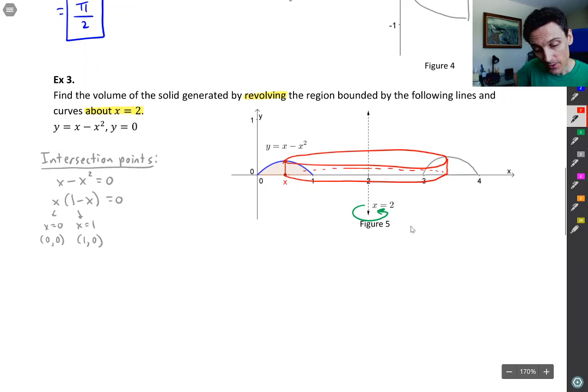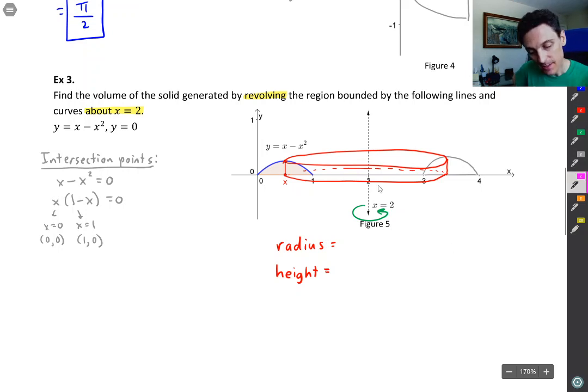Now we're going to have to figure out the radius of this shell and the height of the shell. The radius of the shell is going to be the distance from our rectangle to the axis of rotation. It's that horizontal distance. Let me just draw that here. That's the radius of each of the shells.